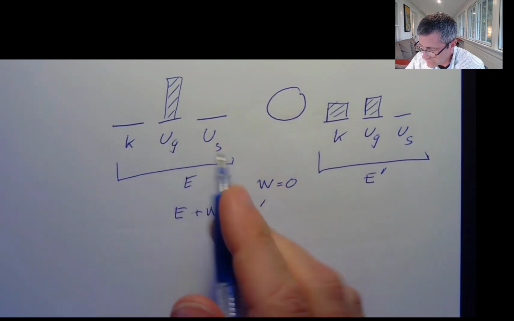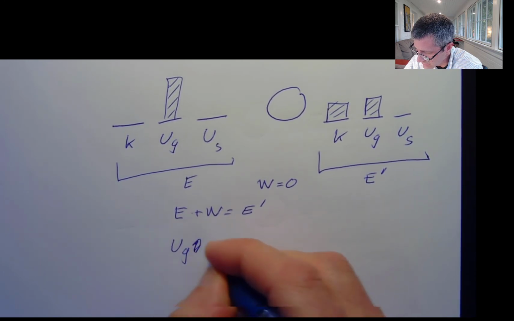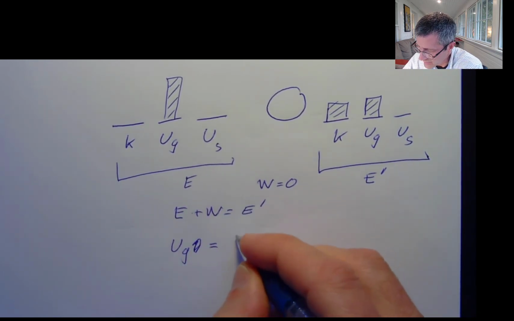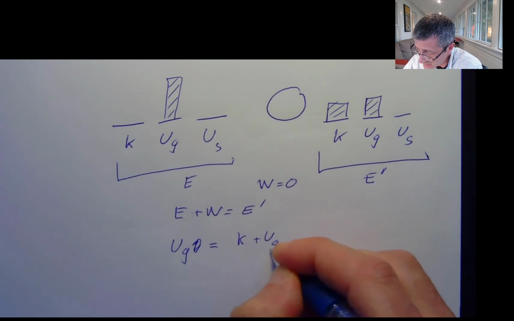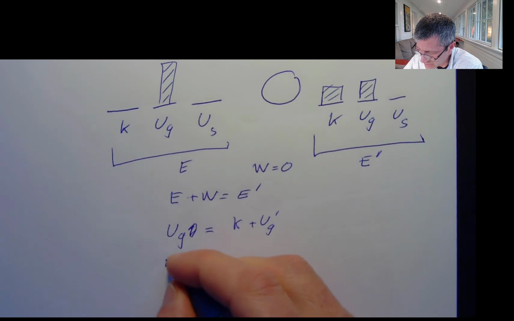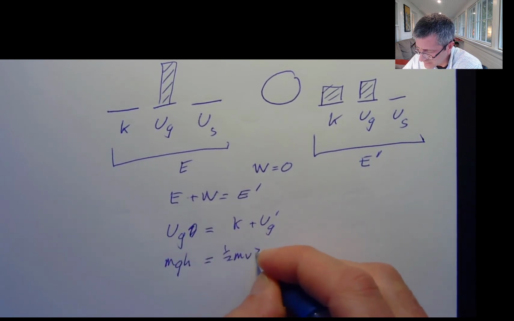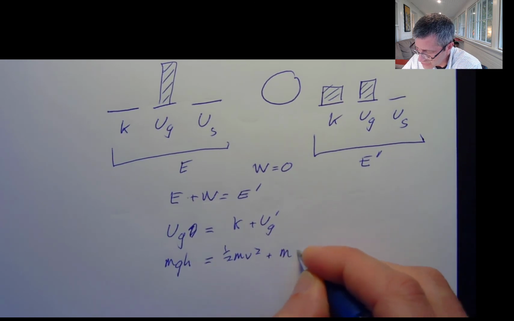This is 0, so I just started with UG, and this is going to be equal to K plus now my new gravitational potential energy. So I could say mgh that I start with is going to be equal to 1/2 mv squared plus mgh new.